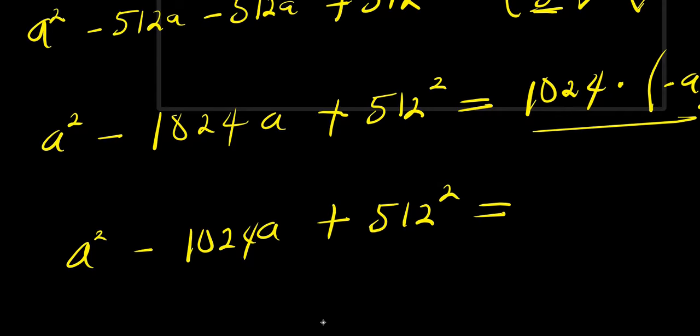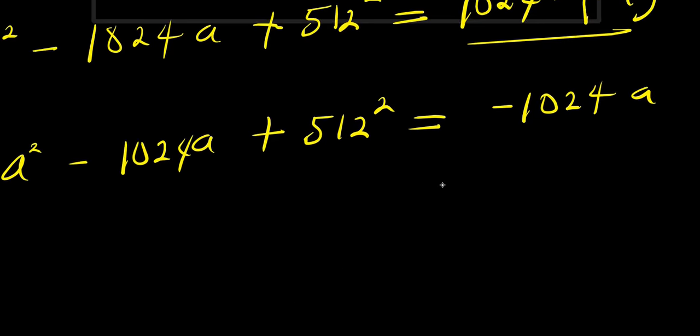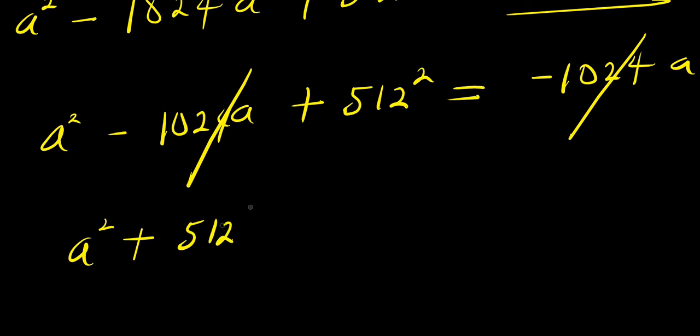if you multiply this out, you have negative 1024a because there's minus here. So from here, this is negative 1024a. This is negative 1024a. It cancels out. I have a squared plus 512 to the power 2 equals 0.